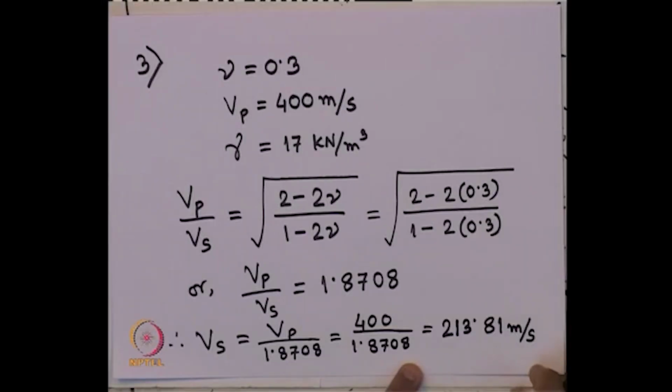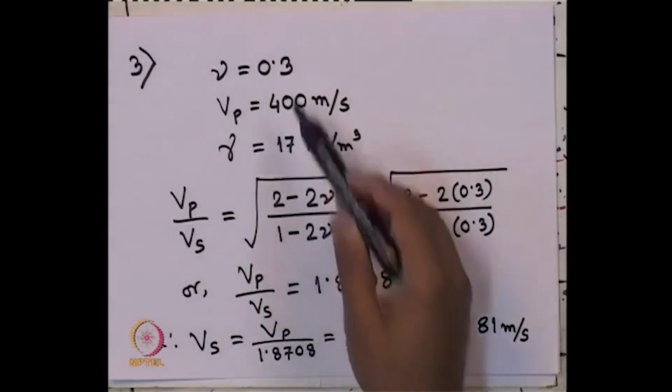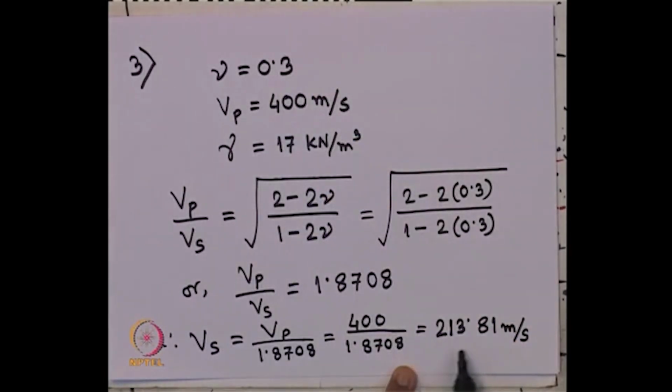This unit is important. As we know, shear wave velocity should be less than primary wave velocity, we are getting that, and it is related through the Poisson's ratio of the material. So, this is the shear wave velocity of that soil. Fine. So, that is the answer of first part of this question 3.